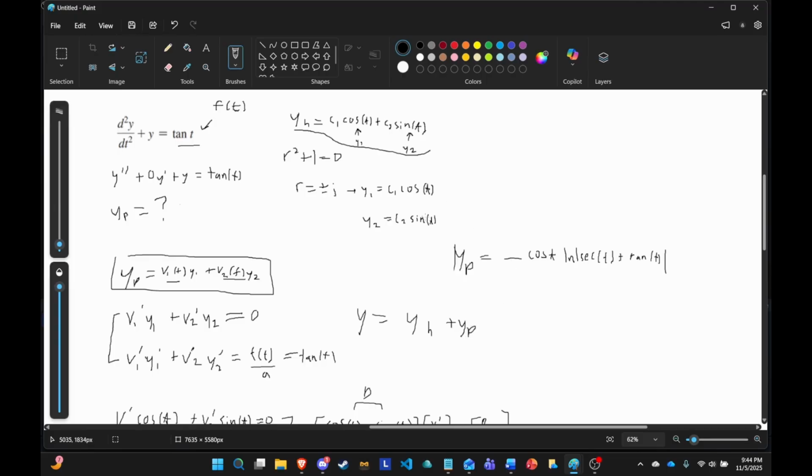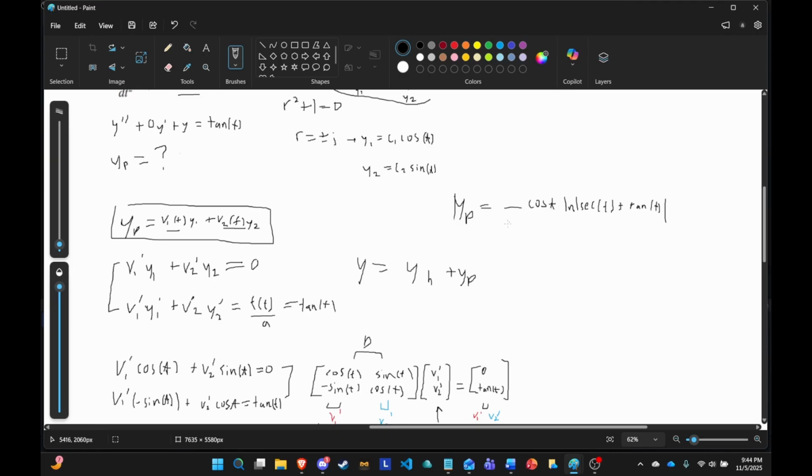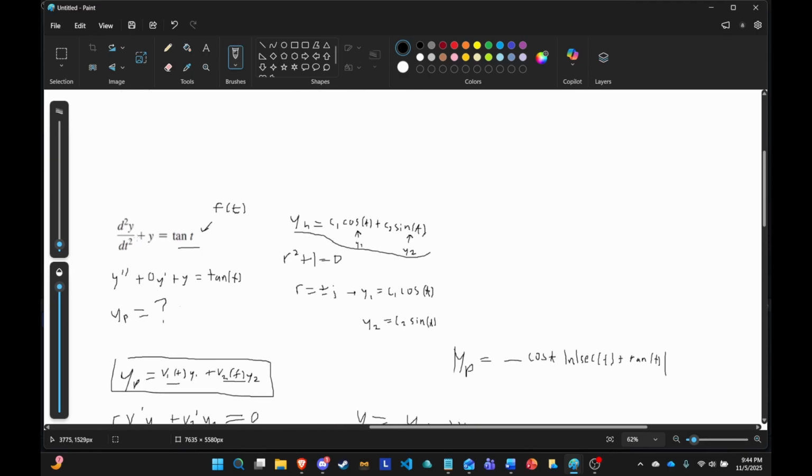So it would be c1 cosine of t plus c2 sine of t, and then all of that subtracted by cosine of t times natural log of secant t plus tangent of t. We had no way of knowing what this particular solution was going to look like, so we used variation of parameters to make up our own particular solution to solve this differential equation.